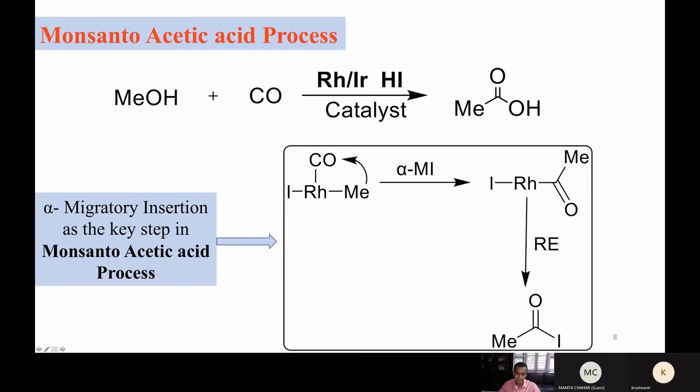What is happening here? First, methanol reacts with HI, hydroiodic acid, just like HCl or HBr, hydrobromic acid. So hydroiodic acid reacts with methanol to give you methyl iodide and water. Now this methyl iodide undergoes oxidative addition.